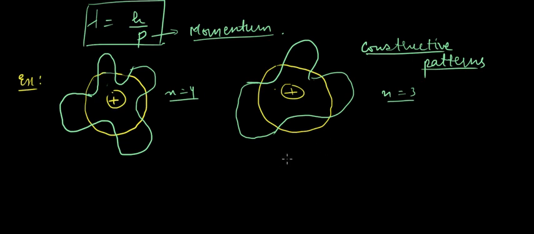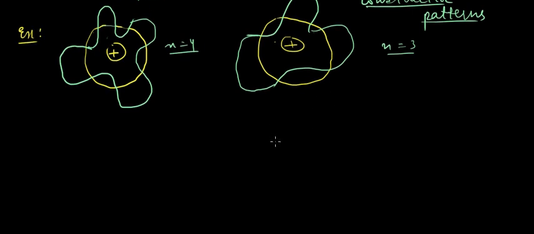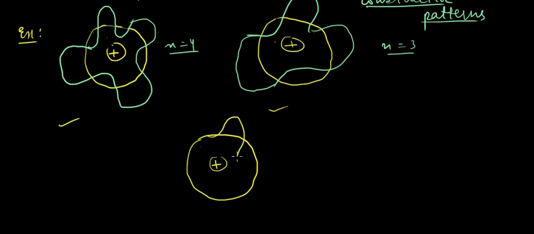So it can't be a destructive pattern like this. These were all constructive patterns, but it cannot be a destructive pattern like this. This is a destructive pattern. Okay, so it cannot be a destructive pattern.